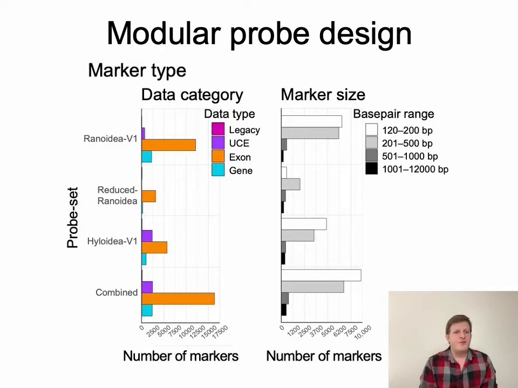UCEs, there's about 2,000 in each, and exons are the most abundant, represented by several thousand for each of the probe sets. These exons are found in different size classes shown on marker size on the right, where the majority tend to be small for mining SNP data. However, there are quite a large number of large alignments greater than 1,000 base pairs, where we have about 500 in each of the probe sets.